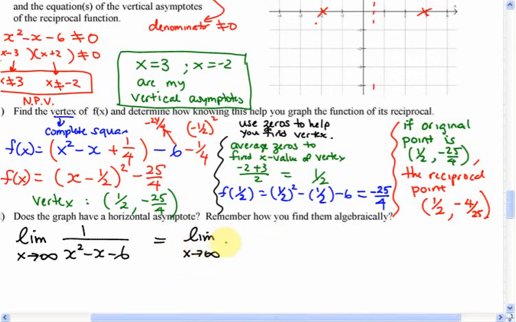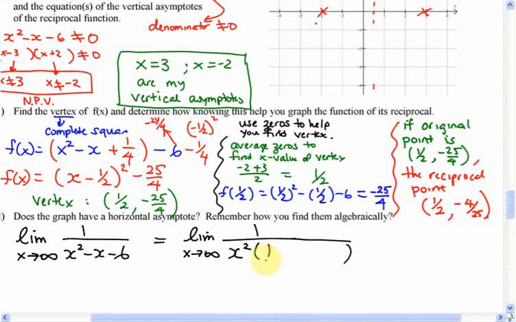Well, what's the highest power of x in the numerator? There is no x, so let's leave it as 1. What's the highest power of x in the denominator? X squared. Okay, now this gets kind of messy. Listen and watch carefully. X squared divided by x squared leaves us with 1.